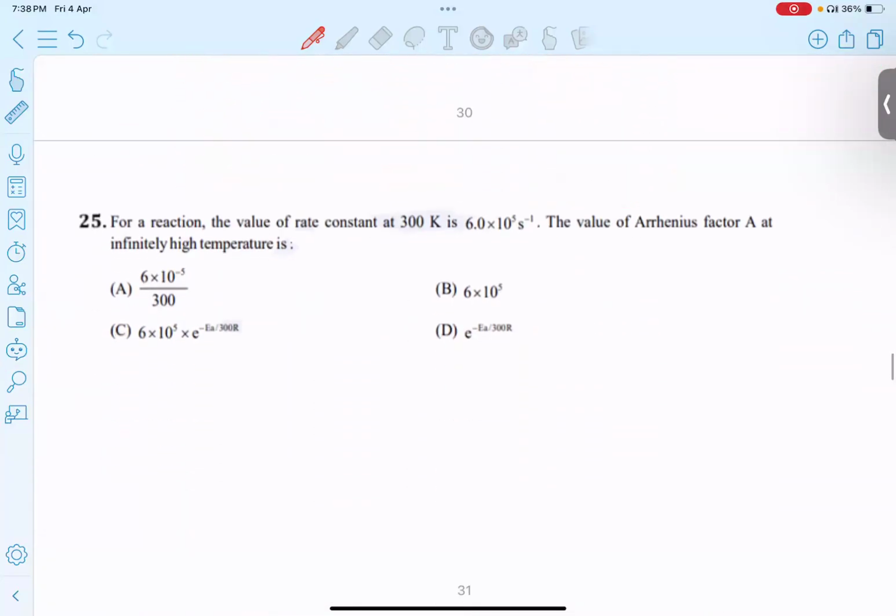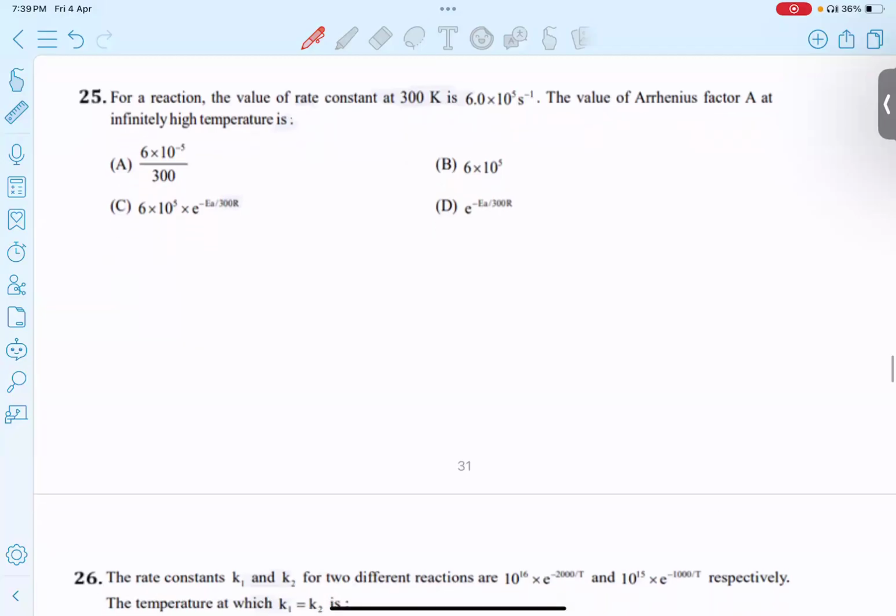So next question, question number 25. For a reaction, the value of rate constant at 300 Kelvin is 6.0 into 10 to the power 5 per second. The value of Arrhenius factor A at infinitely high temperature is.